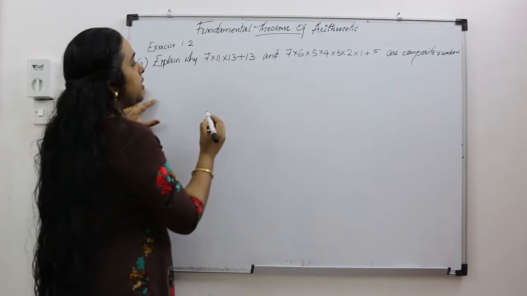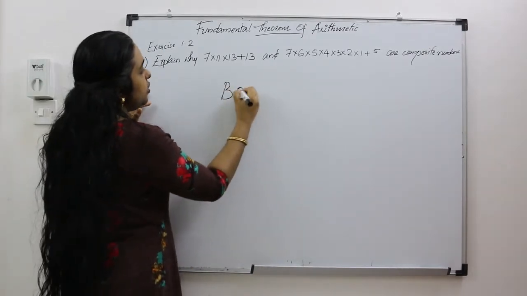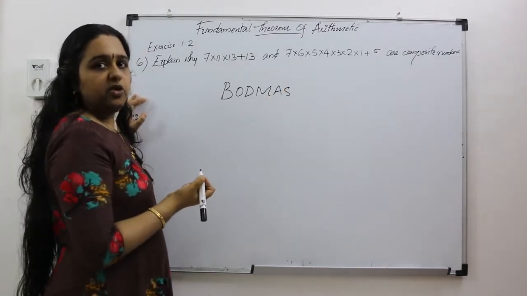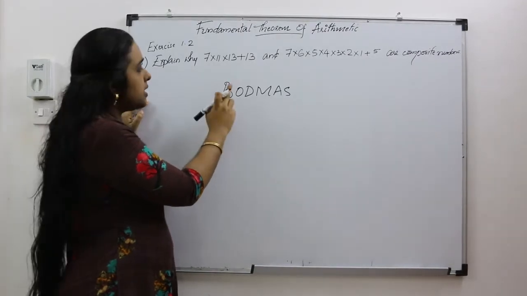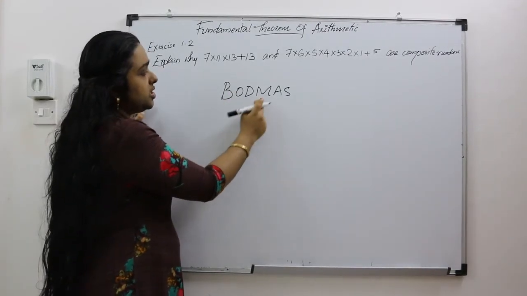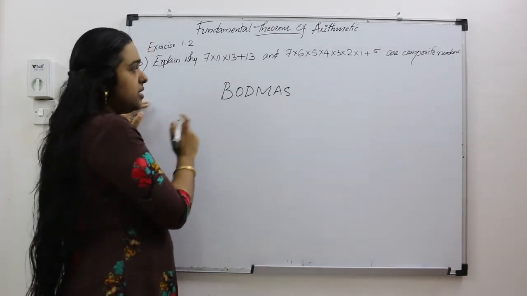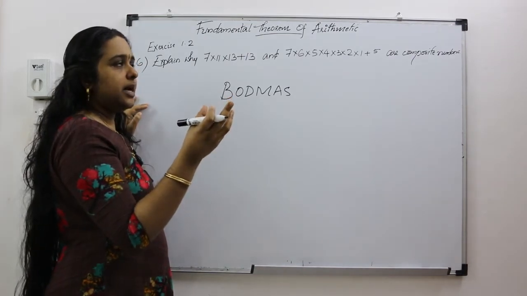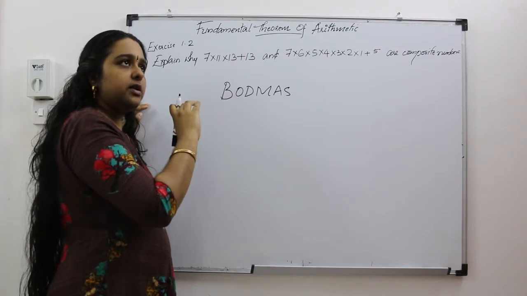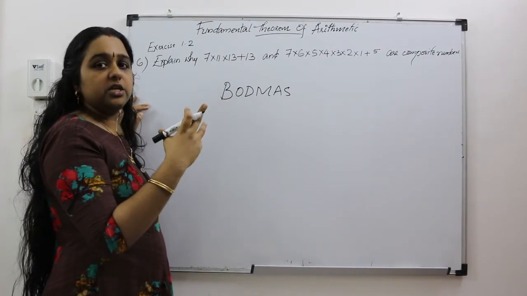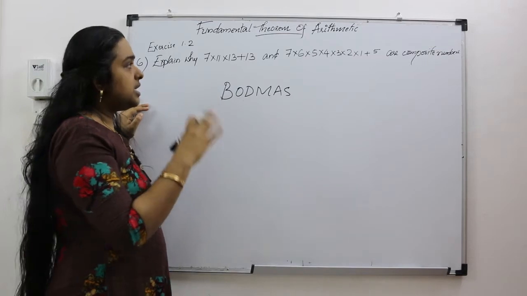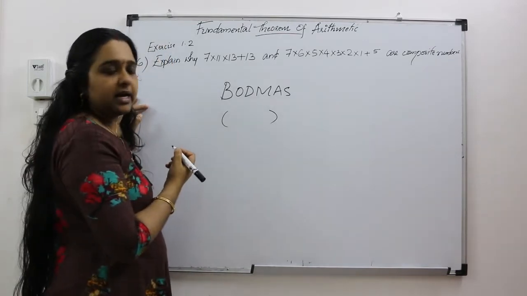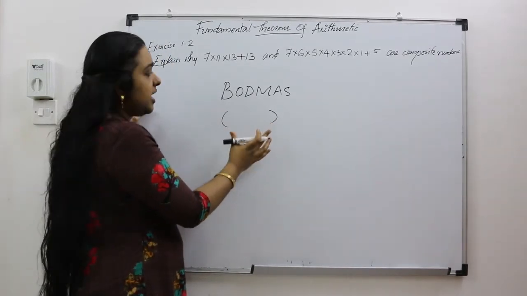So before moving on to the problem, let's have a look at the BODMAS rule. You might have heard about this. BODMAS stands for bracket, of, division, multiplication, addition, subtraction. That means when a single problem involves addition, subtraction, division, multiplication, all sorts of operations, first, if something is written in a bracket, we have to simplify the terms inside the bracket.